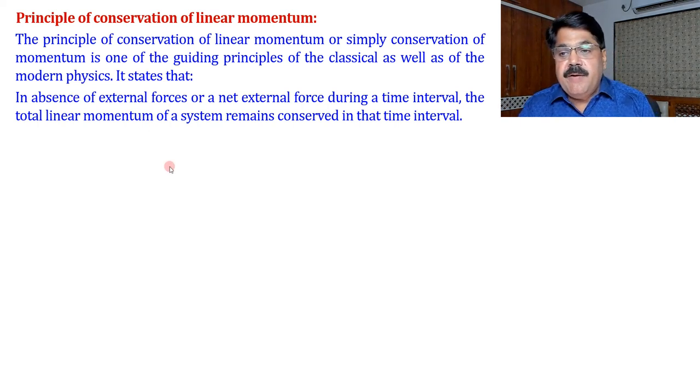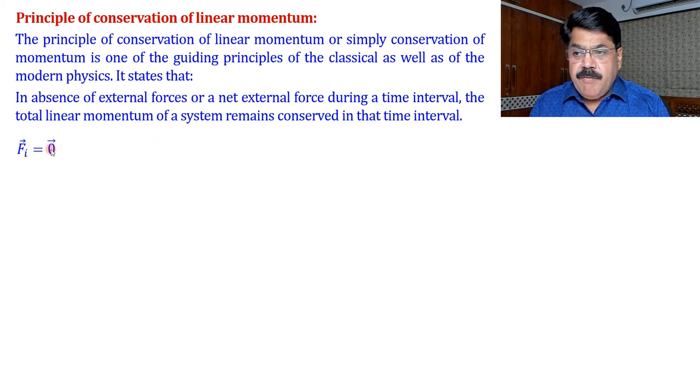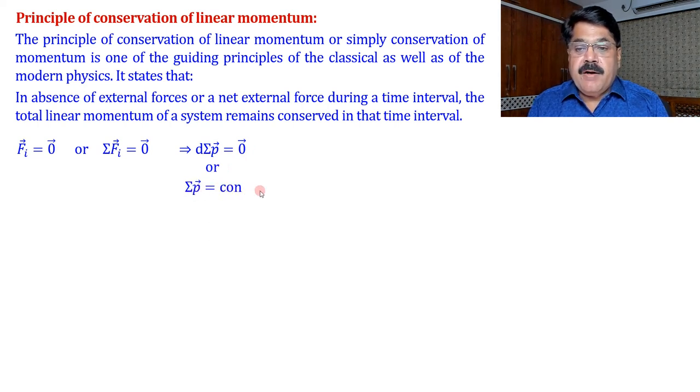So we can write here F_i vector is a null vector, or summation F_i vector is a null vector. This shows that every external force is zero, or that there may be external forces but their resultant is zero. Under these two conditions, whether this or that, total linear momentum will be conserved. In a mathematical equation, we can write d of summation p vector is a null vector, or summation p vector is a constant.